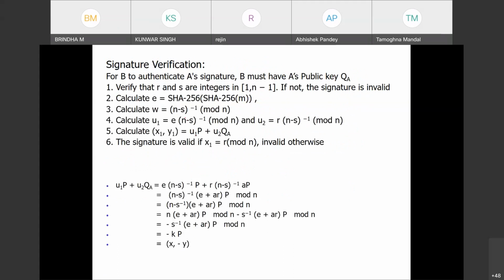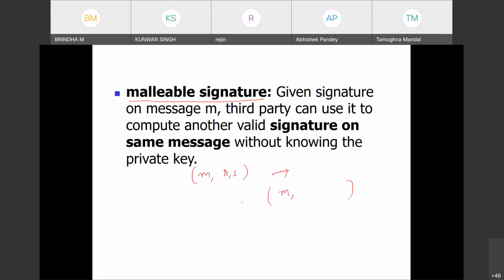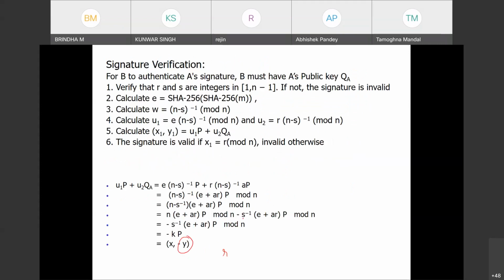In the verification you put n minus s here, and you will see this part comes out the same. It comes out to be Kp minus Kp, but we are not interested in this part because our R is only the first part. In the previous case it was coming as x, y, now it is coming as x, minus y, but since we are interested only in R, the first coordinate, the first coordinate comes out the same. That is also valid.